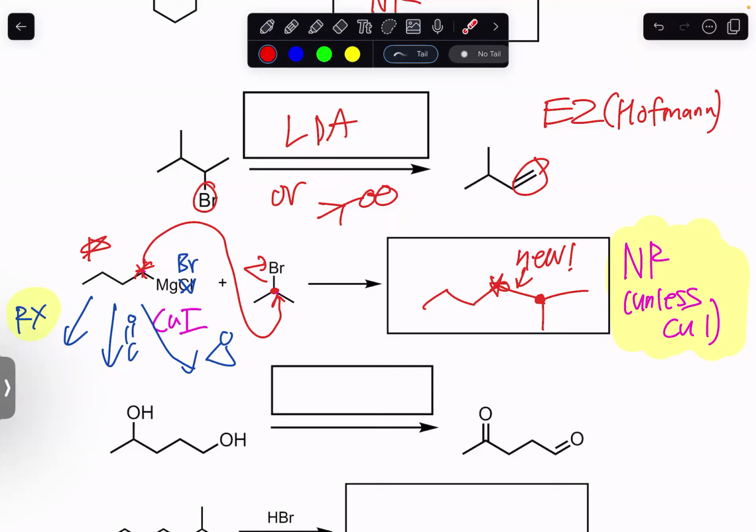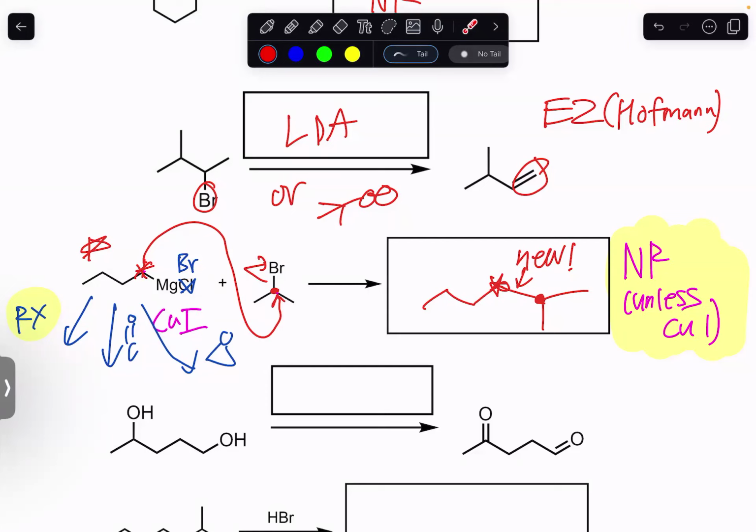So I'm actually looking through my notes and I saw another problem that's pretty similar. It was MgCl again. So I'm guessing it's because of the chlorine. Did you see a practice problem where they used MgBr with a haloalkane and the reaction did go through? Yeah, they used THF and H3O+.